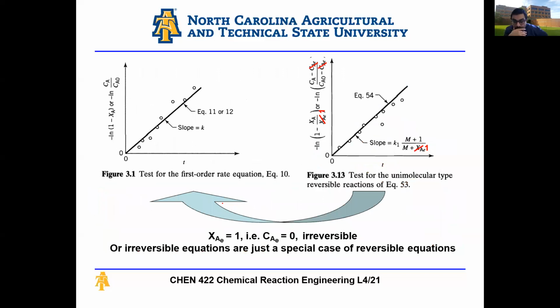Okay. And again, this is what you plot for a first order reversible reaction, and then you compare your experimental data to your performance equation, and if it matches, then this is the right case you're looking at.